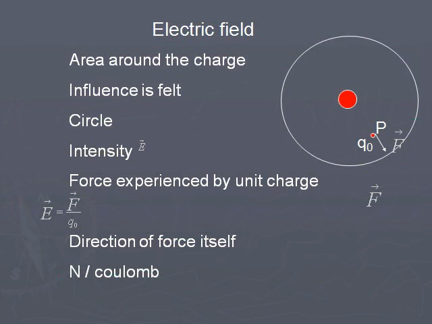The direction of the electric field intensity is the same as the direction of the force experienced by the test charge. It is measured in newtons per coulomb or volts per meter.